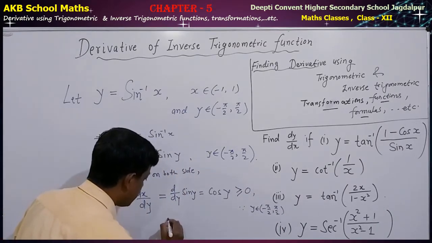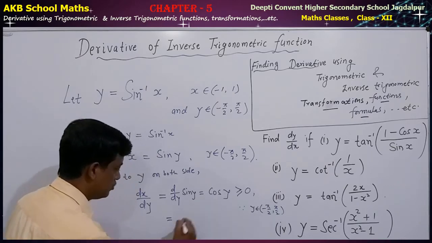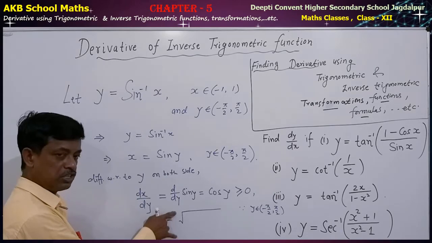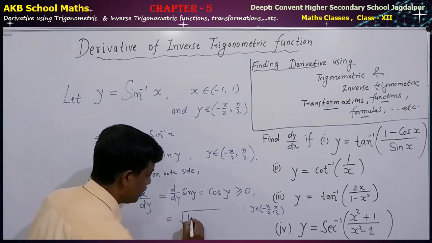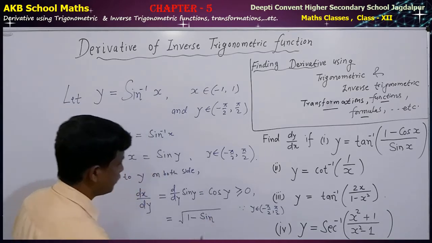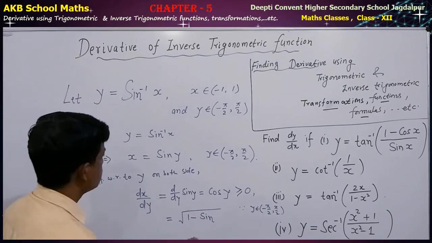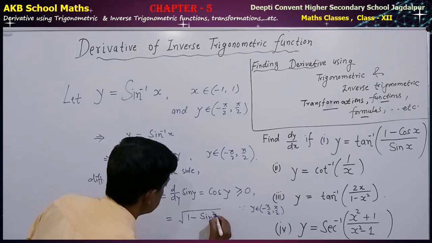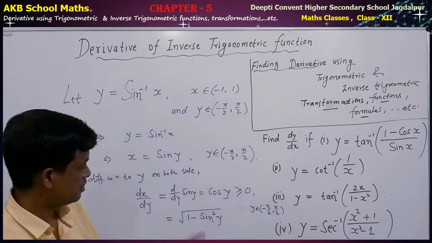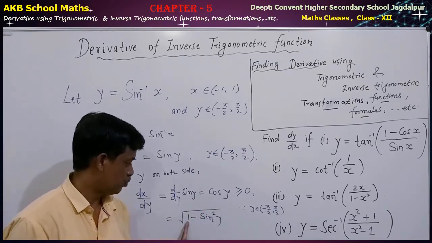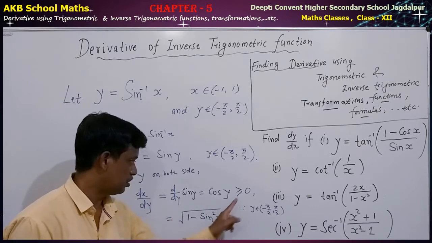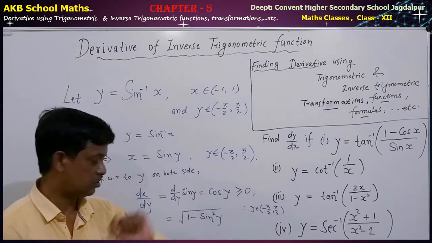Now we can write cos y equals, because cos y is greater than or equal to 0, so we take the positive sign, root of 1 minus sin square y, because cos y equals root of 1 minus sin square y, positive sign because it is greater than or equal to 0 since y belongs to this.